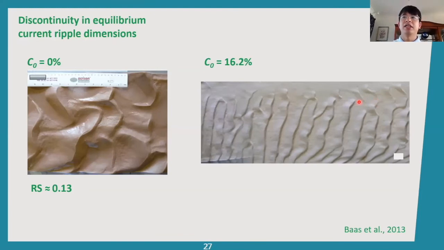As you can see, these ripples are quite different from the clean sand ripples. Most importantly, the ripple steepness was only 0.05, which means these ripples were quite flatter compared to the clean sand ripples. This is quite similar to what we found for the combined flow ripples with clay content over 11%.